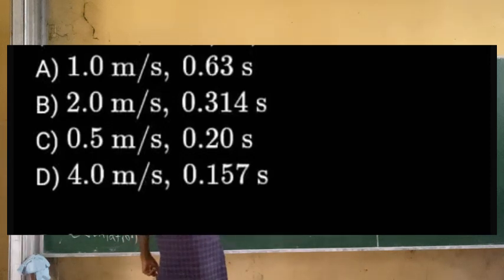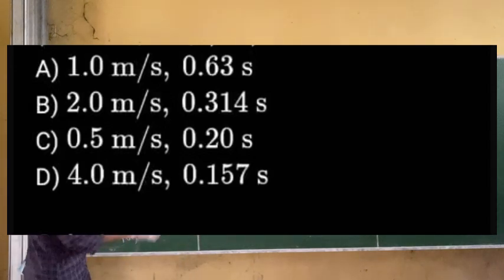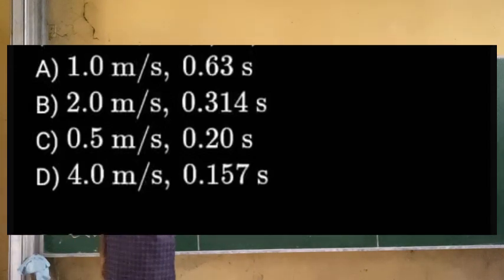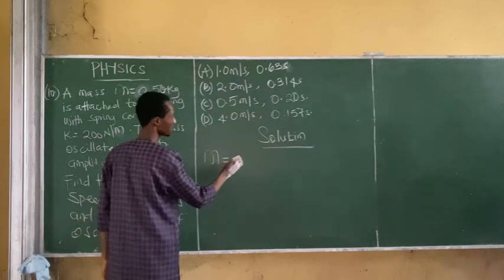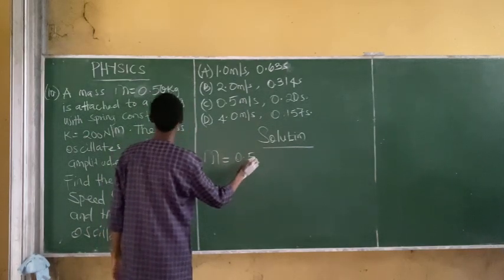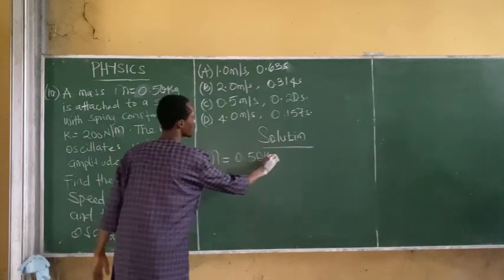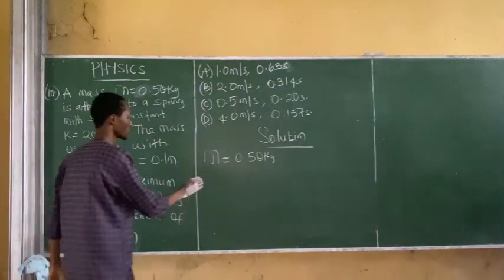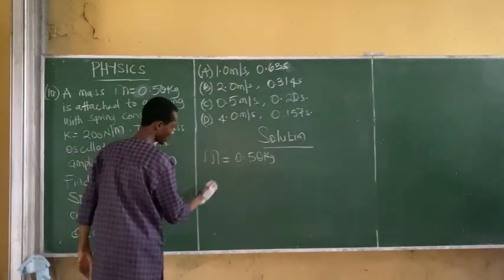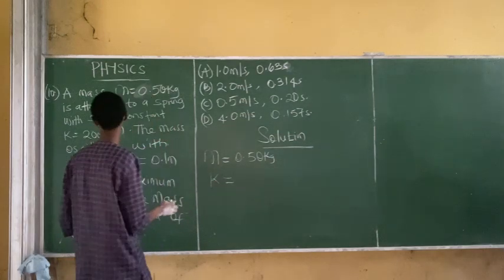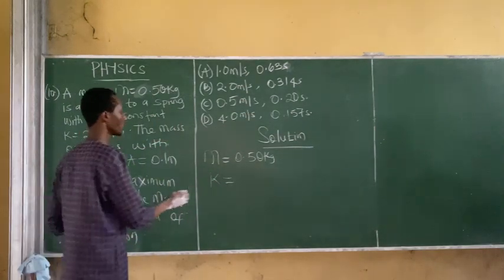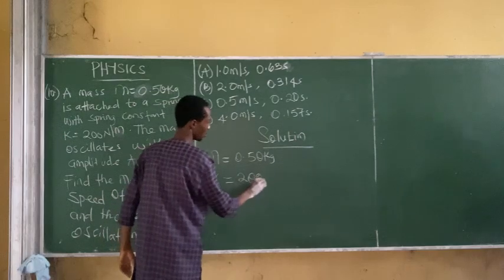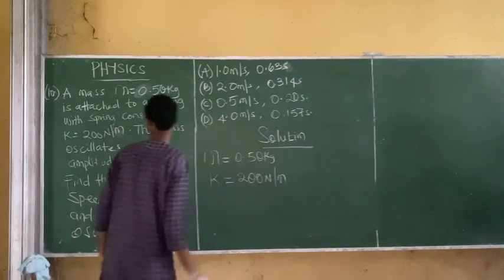Let's solve this. Solution. From the question, we are given mass. They said mass is what? Mass is equal to 0.50 kg. It's attached to a spring, they give us spring constant k to be 200 Newton per meter.